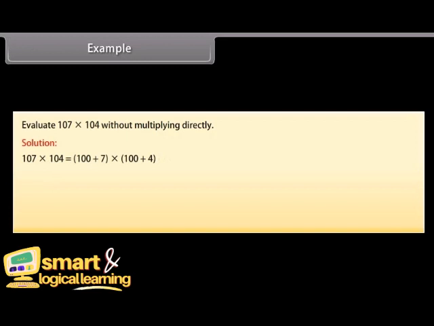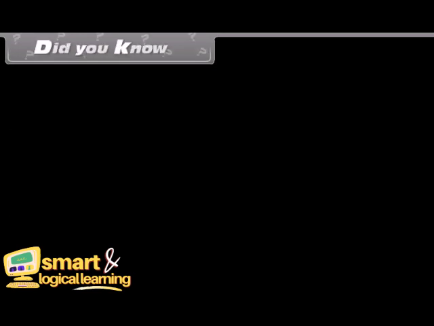Solution. 107 x 104 = (100 + 7)(100 + 4), which equals 100^2 + (7 + 4)(100) + 7 x 4 using identity 4, which equals 10,000 + 1,100 + 28, which is equal to 11,128.